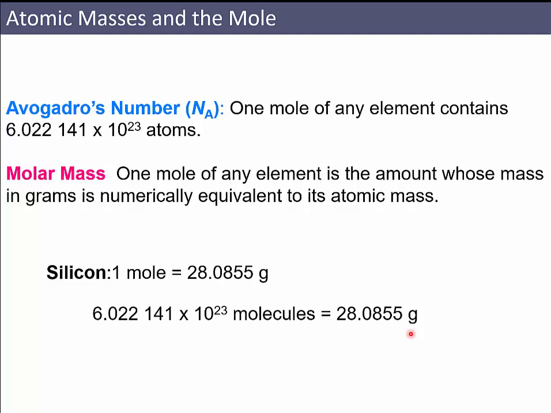So 1 mole of silicon weighs 28.0855 grams. 6.02141 times 10 to the 23rd atoms of silicon weigh 28.0855 grams. What this does is it gives us a reasonable, measurable amount of stuff to work with to tell us about things that are happening on the molecular level.